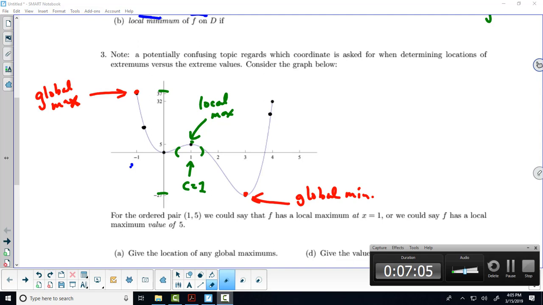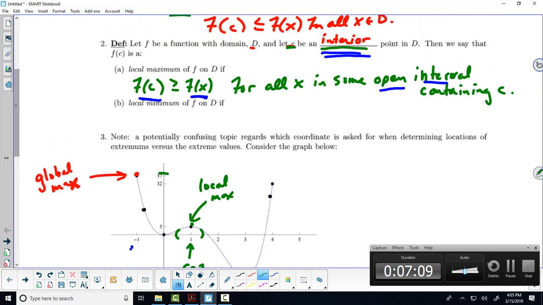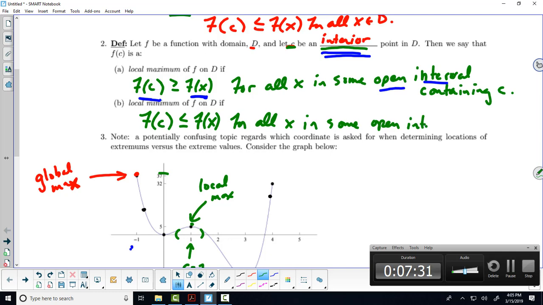Okay, and now let's look at the definition of a local minimum. A local minimum is very similar to the definition of a local maximum, except we reverse the direction of the inequality. So c will give the location of a local minimum if f of c is less than or equal to f of x, again for all x in some open interval containing c.